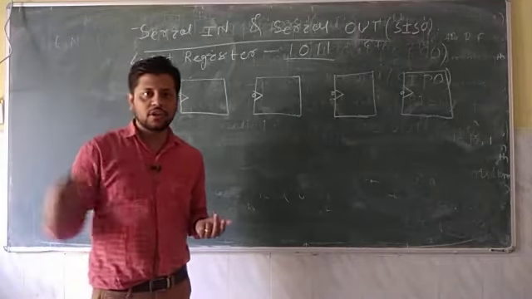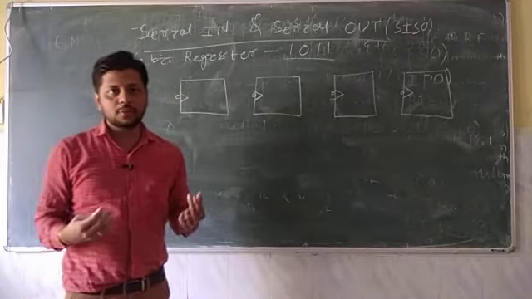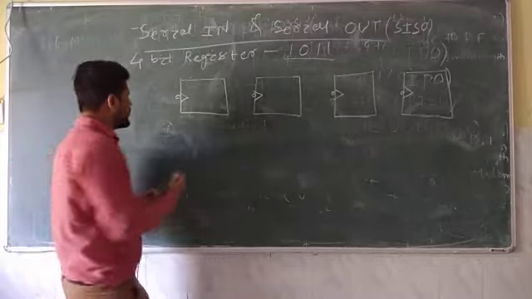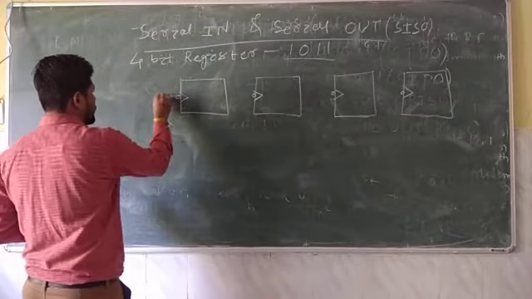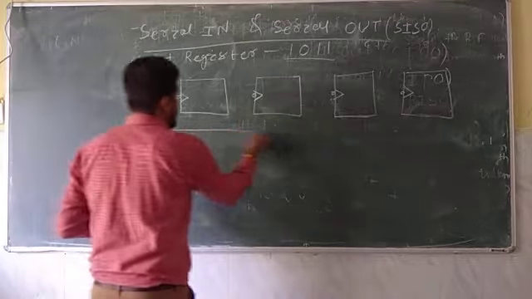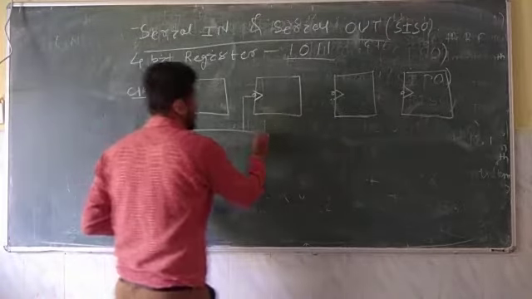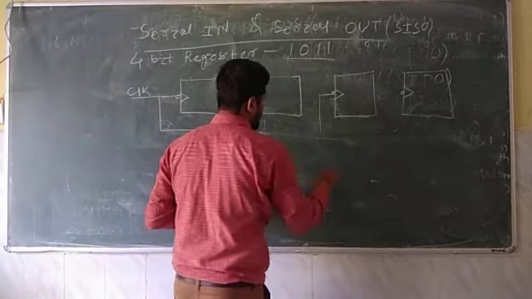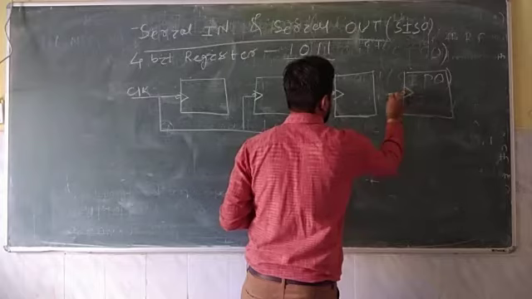Again, edge trigger is of 2 types, positive edge trigger and negative edge trigger flip-flop. The clock is applied here, and I am applying the same clock pulse to all the flip-flops.